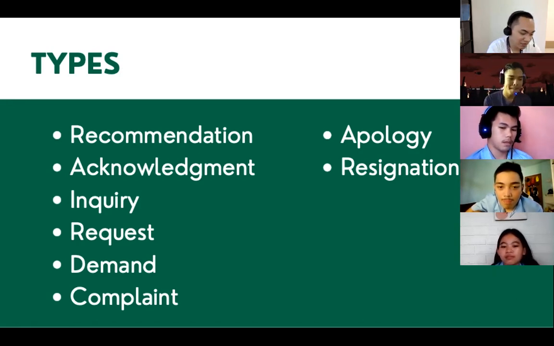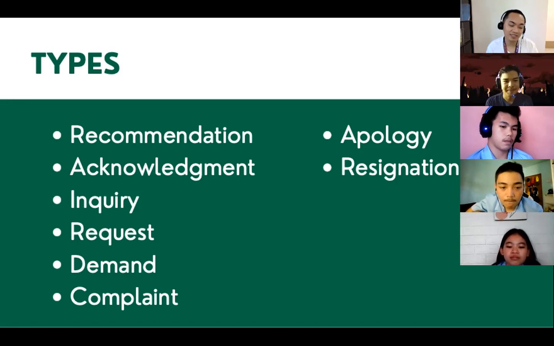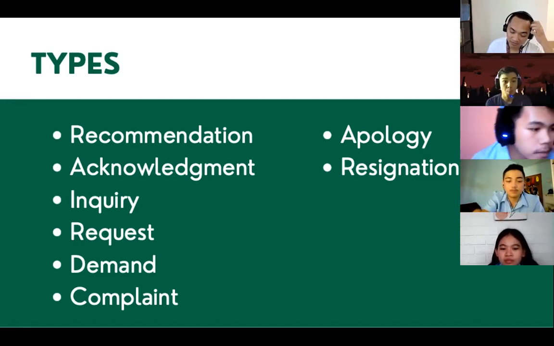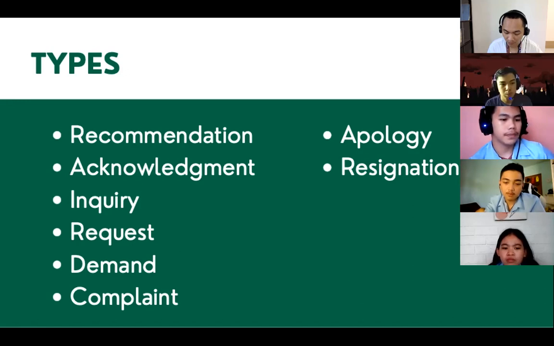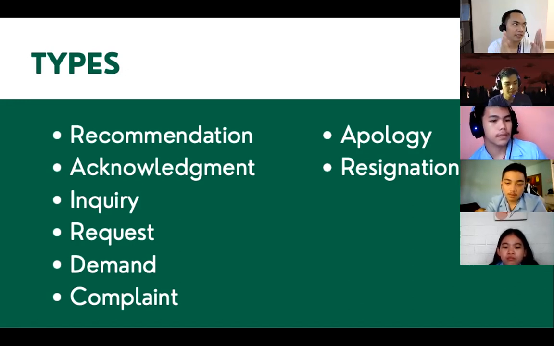So most of the time, inquiry is used to gather information, but most of the time request is used for someone to take a course of action, and a request is more formal because you may have already a pre-existing right in writing a letter of request in most instances.